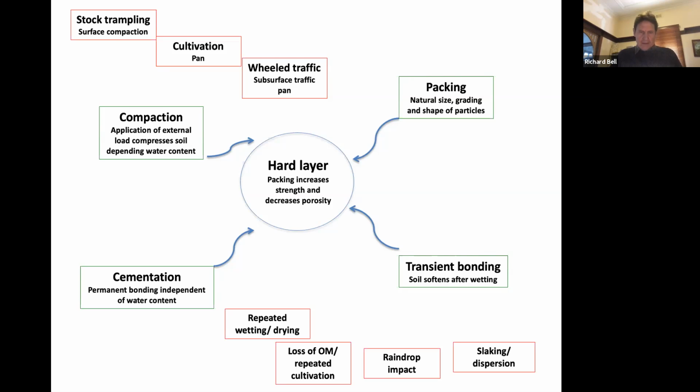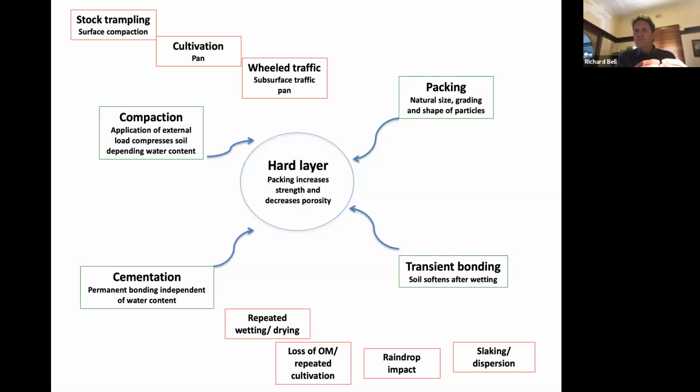Slaking is a tendency of all soils when they wet up, because when you've got a dry soil and water falls on the surface and starts to soak in, water starts to penetrate into the peds, and if there's any air trapped in those peds, as the water soaks further and further into the ped, it compresses the air that's trapped inside it.